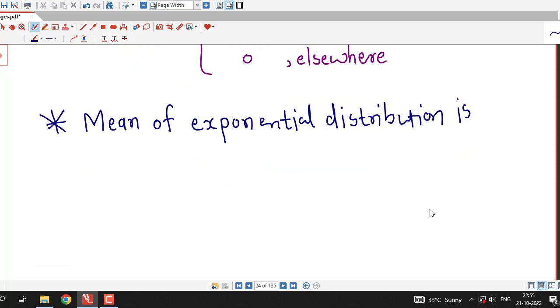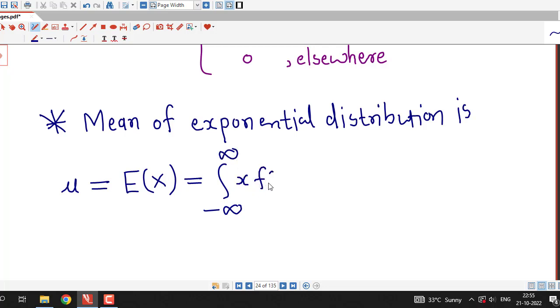The notation is expected value of x, or we can use this also, and this is equal to the integral from minus infinity to infinity of x times f(x) dx.